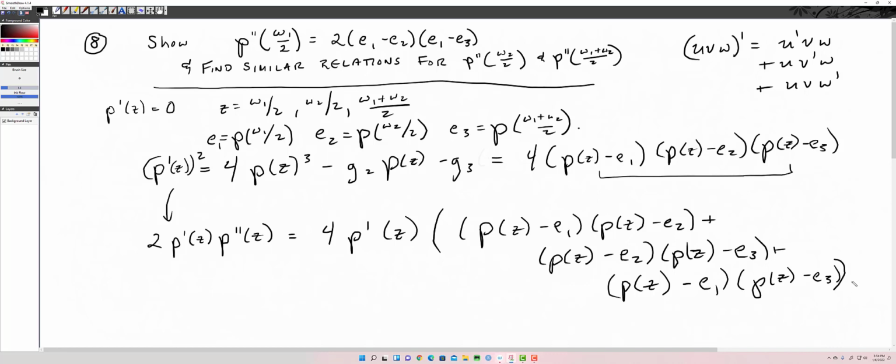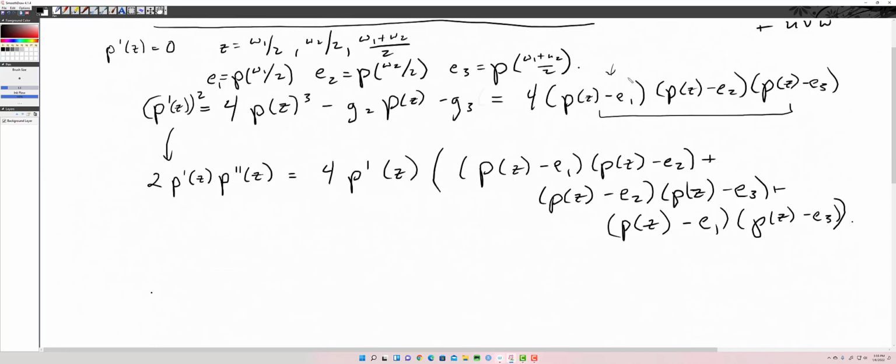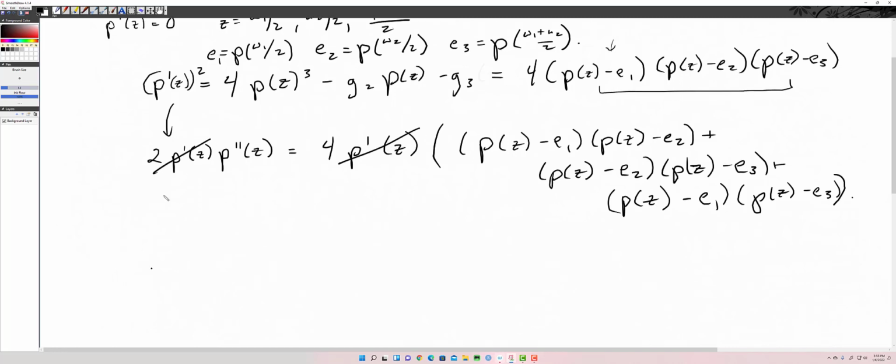All we're doing again is taking the derivative of this one, multiplying it by these 2, derivative of this one, multiplying it by these 2, derivative of this one, multiplying it by these 2. And the derivative of any one of these is P prime of Z. So we see immediately that this can cancel, so to speak. And we can get rid of this 2 as well.